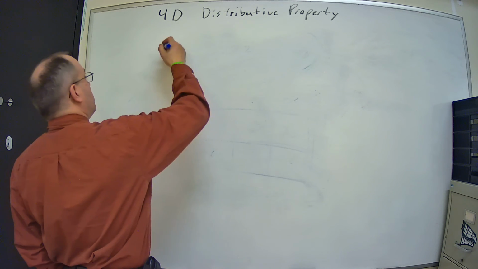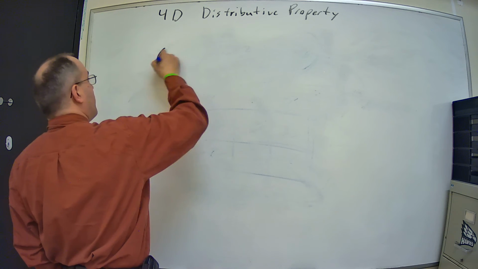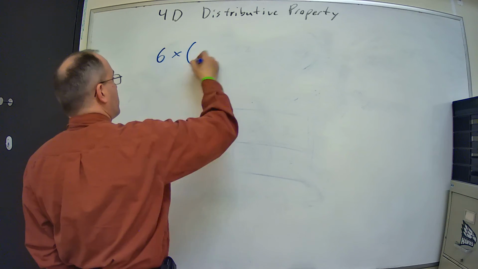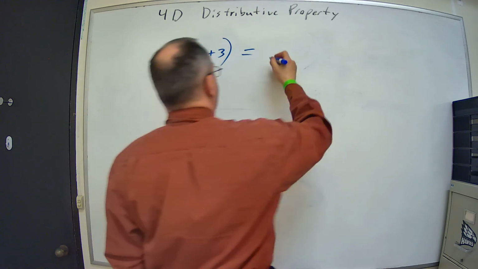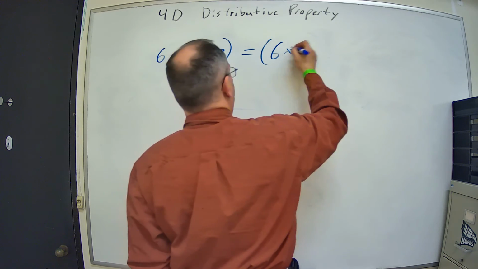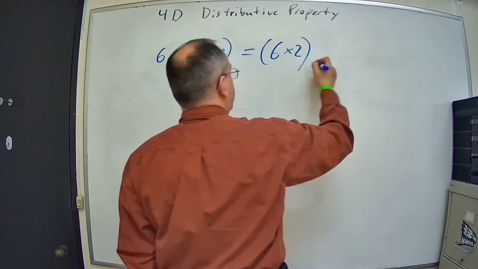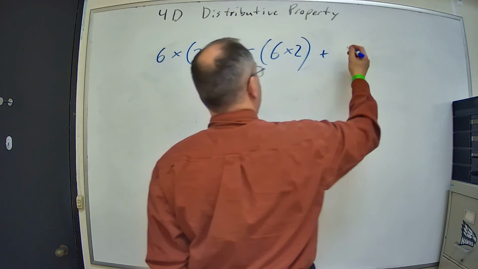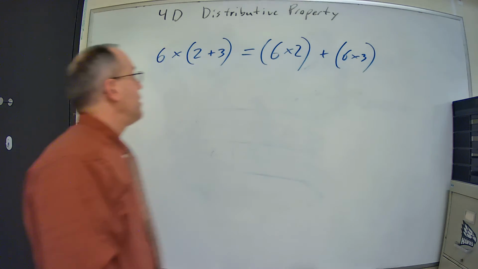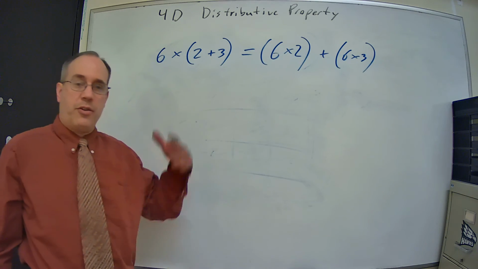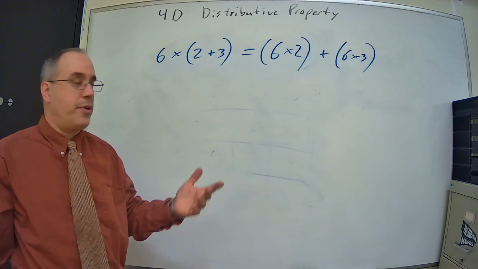So if I go 6 times 2 plus 3 is equal to 6 times 2 plus 6 times 3, is that the commutative property, the associative property, or the distributive property?